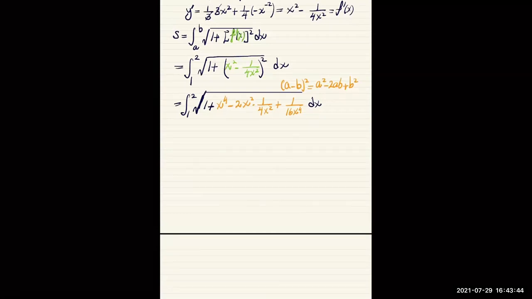The x squares cancel, for instance. So we have the integral from 1 to 2 of the square root of 1 plus x to the 4 minus, the 2 and the 4 reduce. You just get 1/2 for that product.